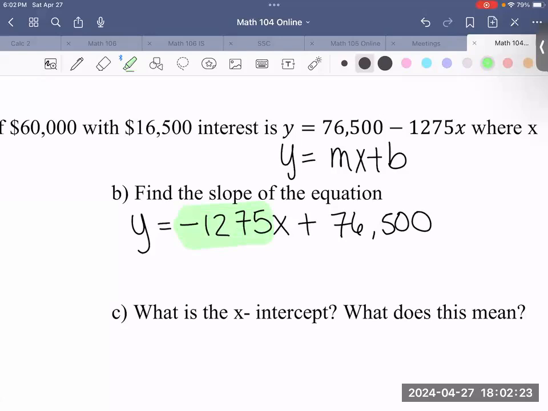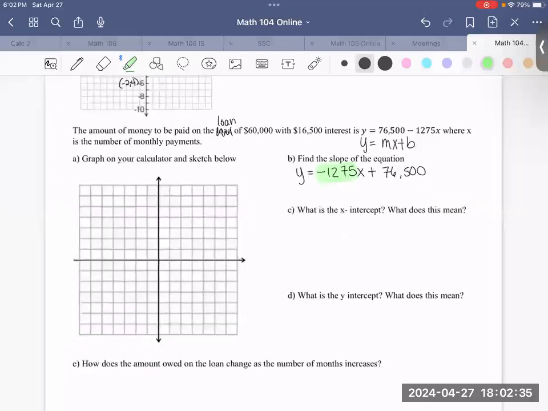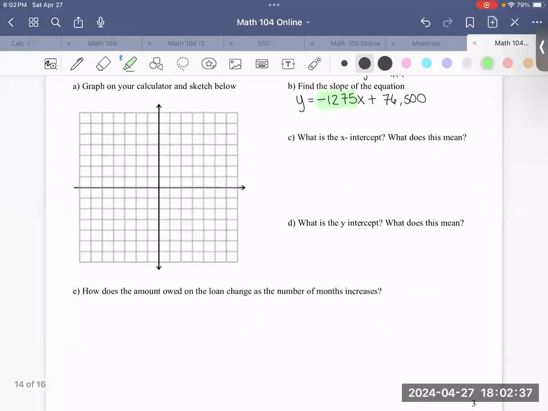It says how does the amount owed on your loan change as the number of months increases? Well, that is just another way to say, hey, what are your values increasing or decreasing by? And if I were to just finish out this picture down to here, let's see if I connect these two values.